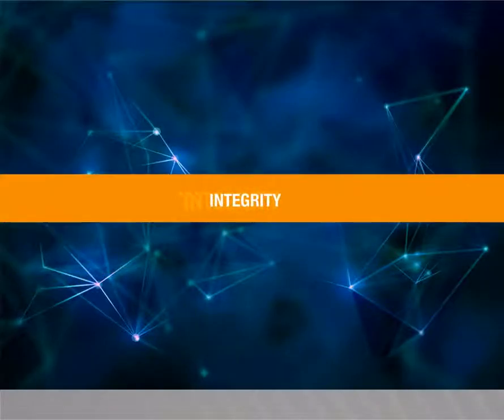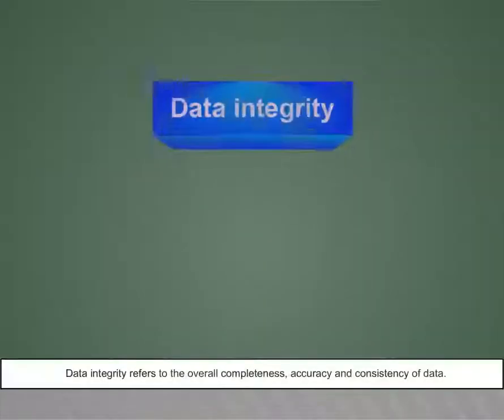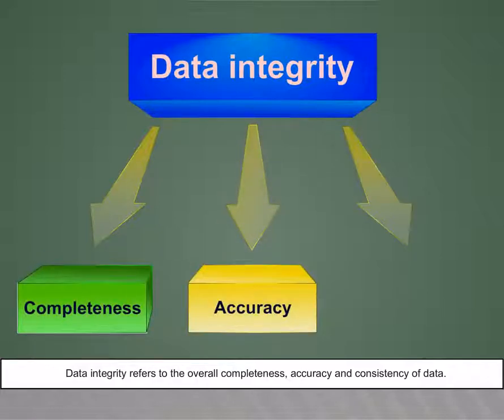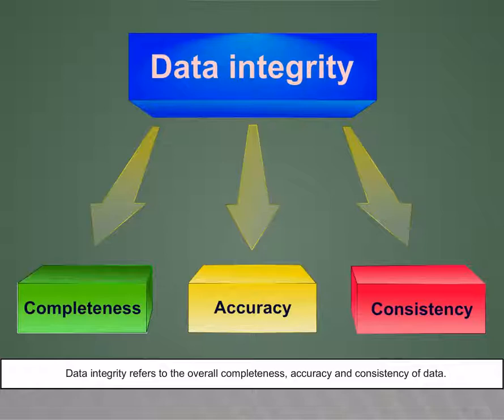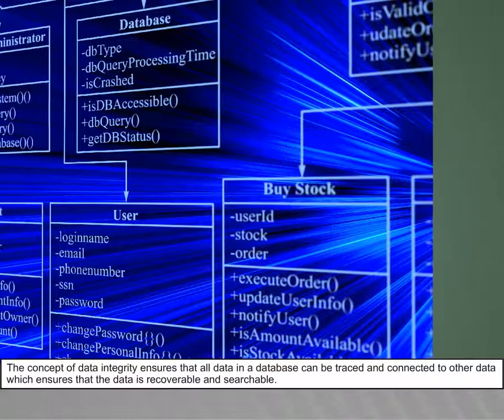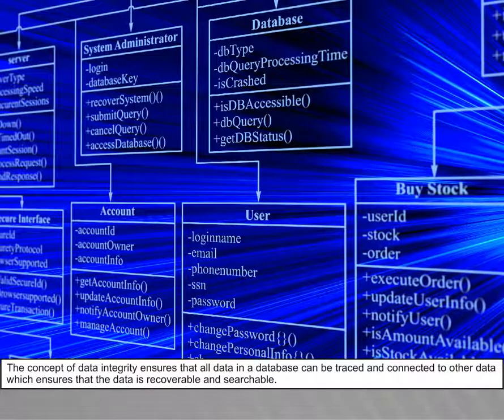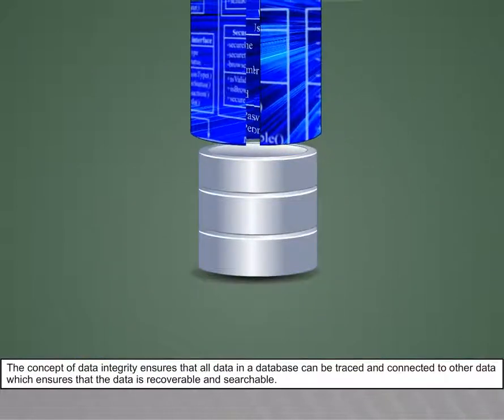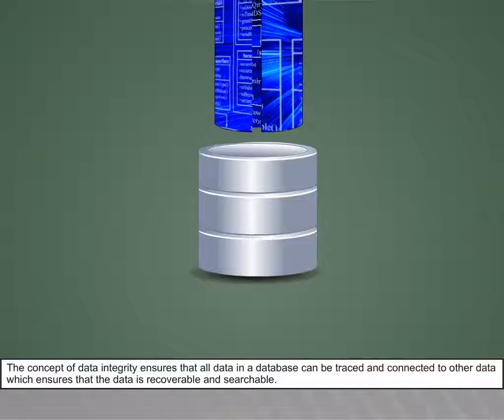Integrity. In this video, we are going to see about integrity. Data integrity. Data integrity refers to the overall completeness, accuracy, and consistency of data. The concept of data integrity ensures that all data in a database can be traced and connected to other data, which ensures that the data is recoverable and searchable.